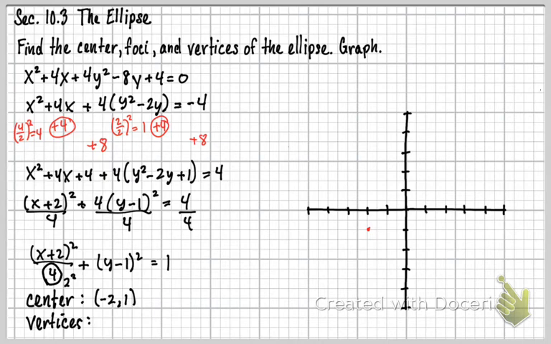And it's under the x squared, so that means we're going to be going horizontally here. So it's going to be 2 away, so it's going to be a point here. And then 2 over this way, so it's going to be there. So those are going to be my vertices.